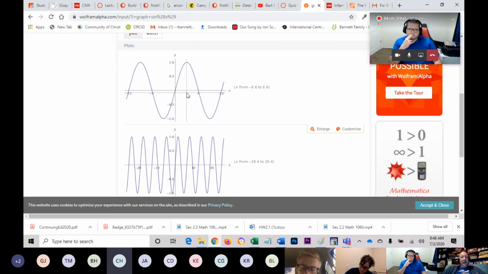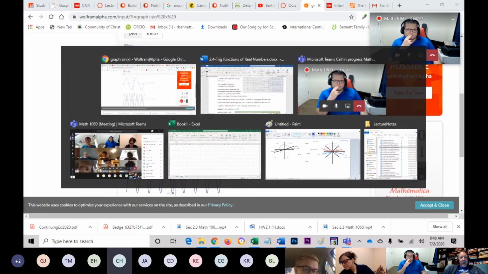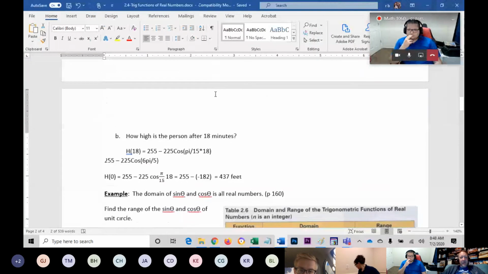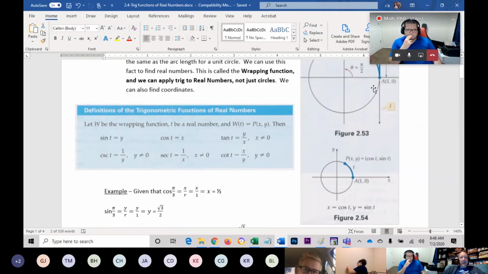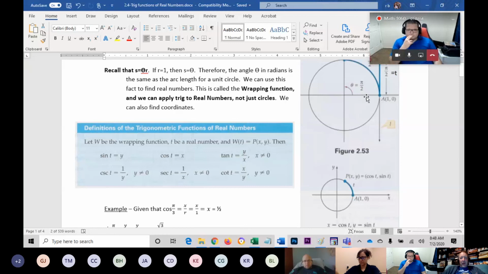So this point here, let me back up, because this ties back to what Texas was saying. We're going to learn this in a future section, so if you don't understand it, don't be too concerned. Let me go back to my notes for a second. Okay, remember when we were talking about the unit circle? So this is 0, 1, this is 1, 0.